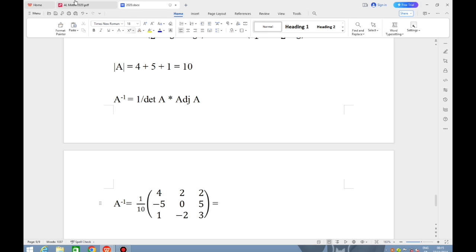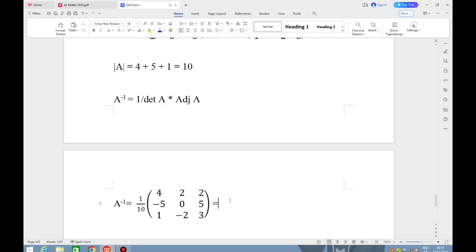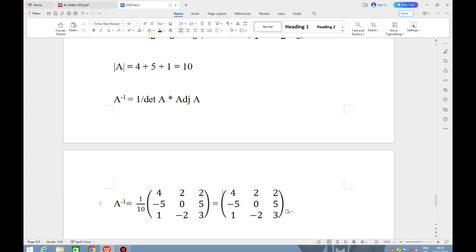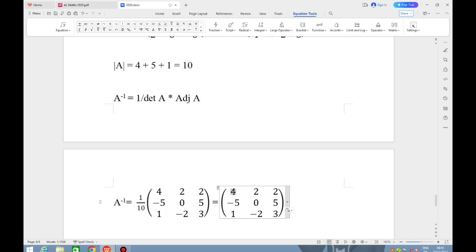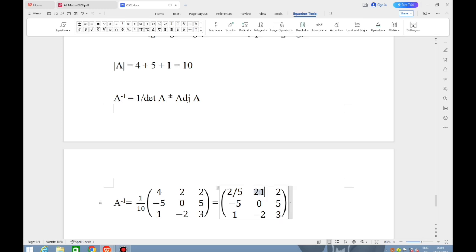The question says find the inverse of the matrix A and hence solve the equation x plus y is equal to this. Alright, so this is going to be equal to fractions. 4 times 1 on 10 is equal to 2 on 5. 2 times 1 on 10 is equal to 1 on 5.